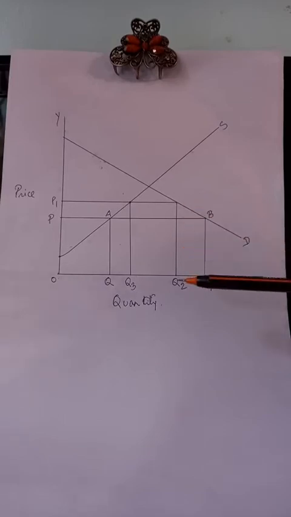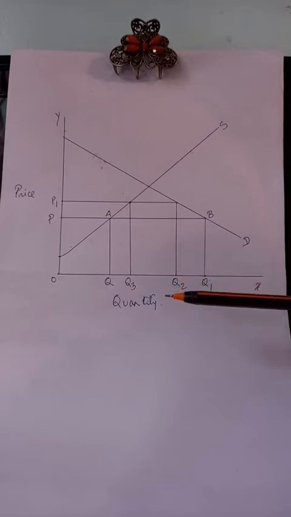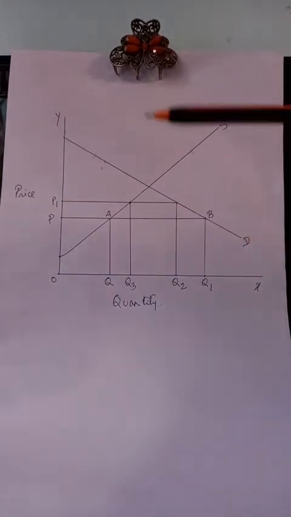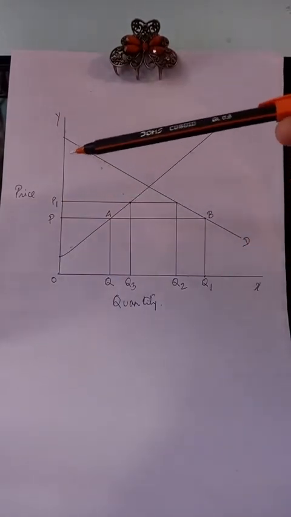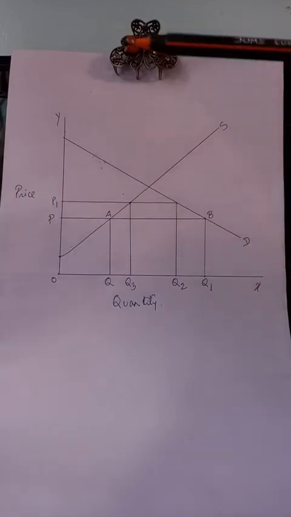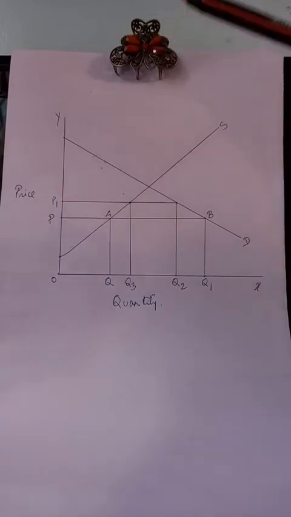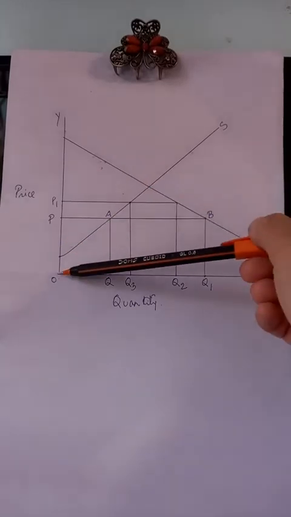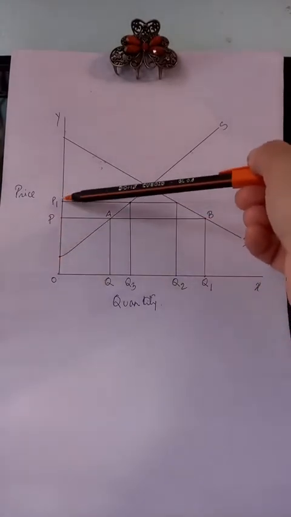So suppose at this particular moment, that economy imposed a tariff equivalent to PP1. With the imposition of a tariff of PP1, the price level will automatically increase from OP to OP1.